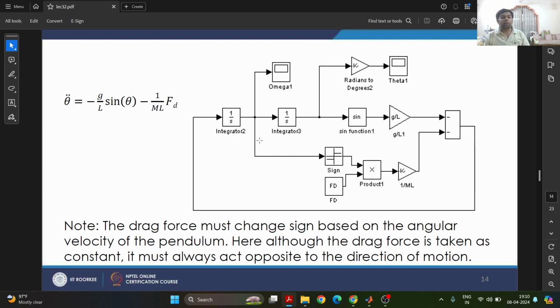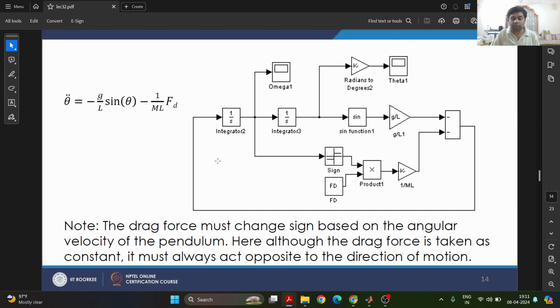The key thing they are using is this sign block, which is basically the concept that the drag force should be opposite to the velocity.